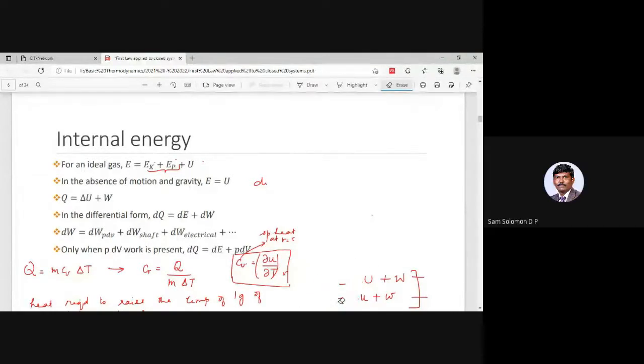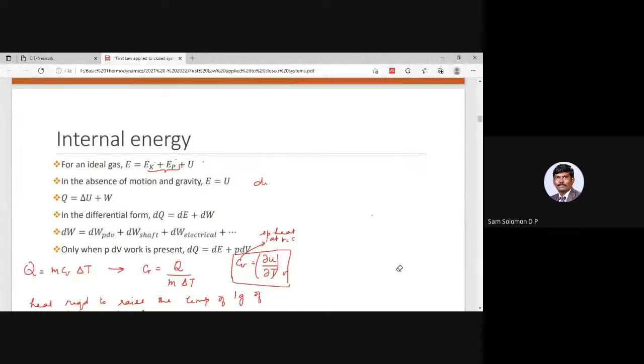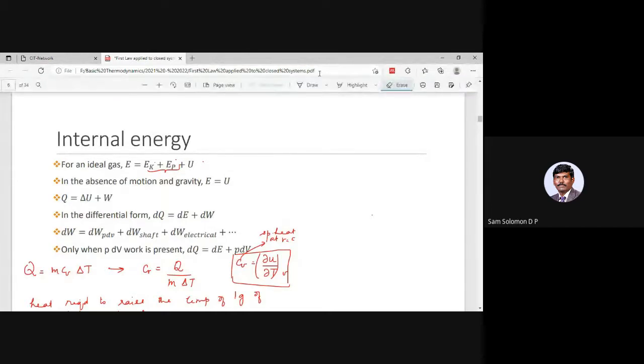Sir, are we writing Q by m as delta u, because from the previous step we have Q by m delta T? No, it's not like that. I'll explain that.